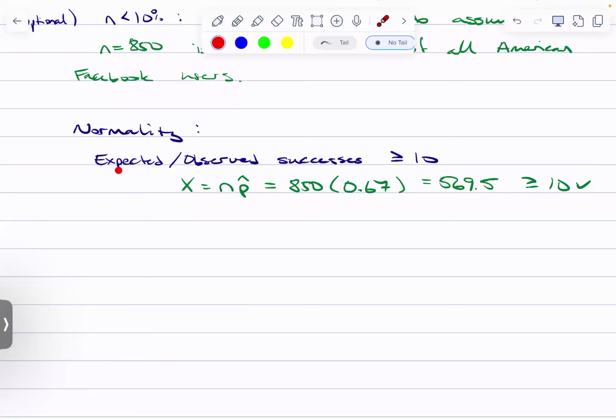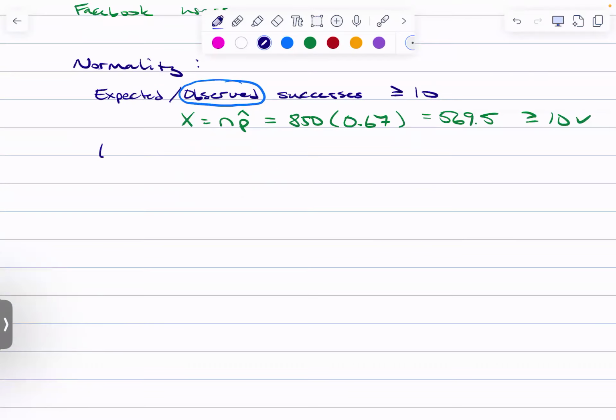Whereas the expected successes would be if I had some idea about the population proportion. Here in this case, we're doing the observed successes. I'm going to keep it as expected or observed just a little bit longer because we'll need it in the next section.